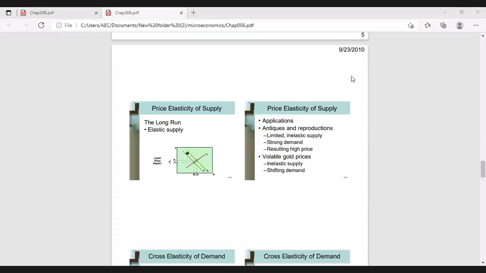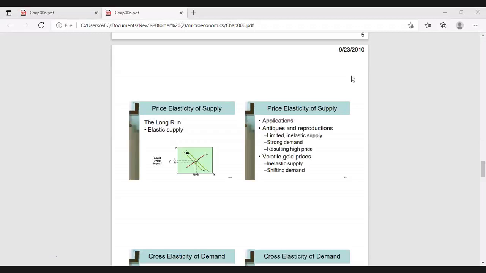So mainly because of inelastic supply, if there is a change in demand, the price will go up. If the demand decreases, the price will go down. So mainly due to inelastic supply, a small change in demand makes the price go up or go down. That is volatile.